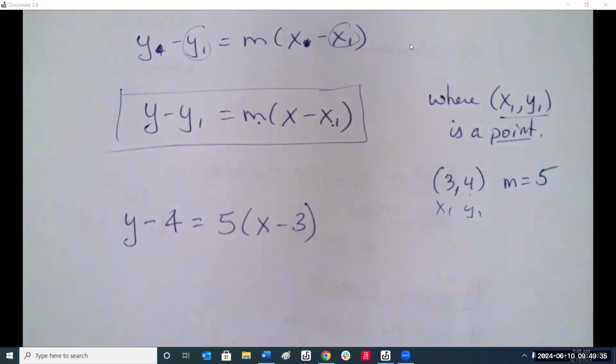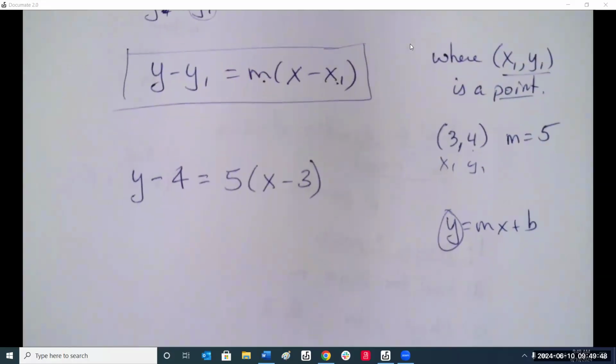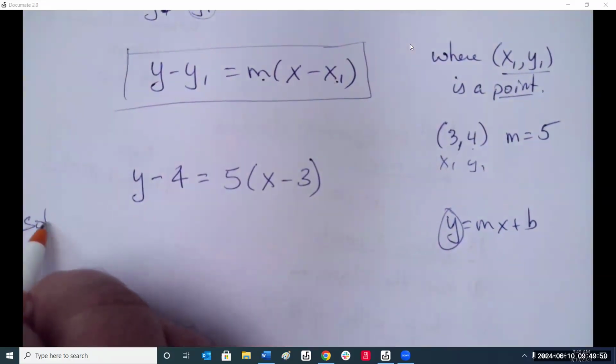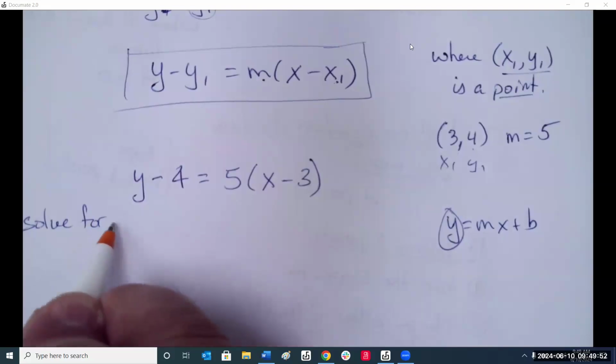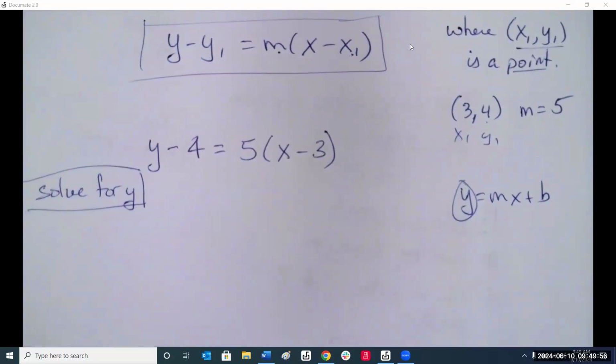Okay, so now let's go to the next form, the slope intercept form. How do we do that? Solve for y.